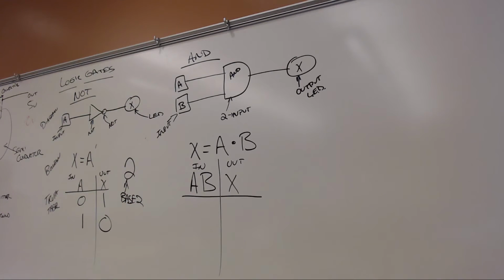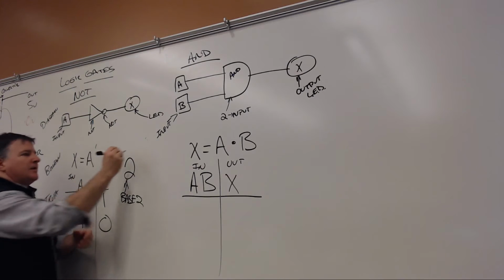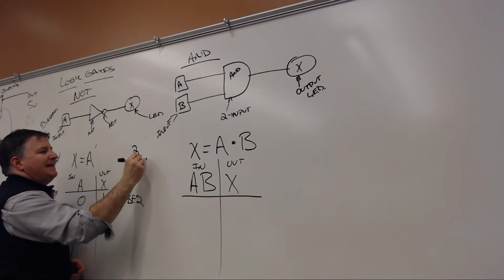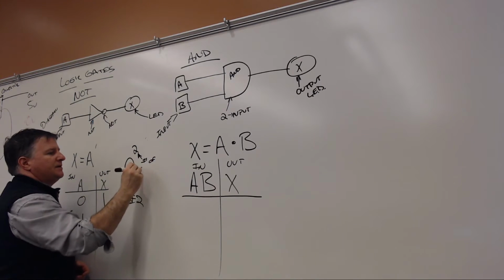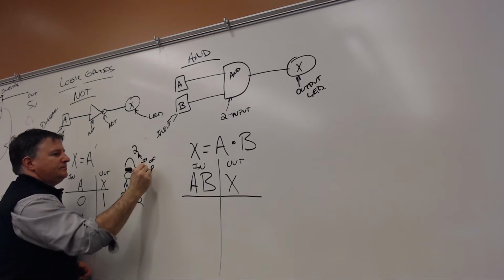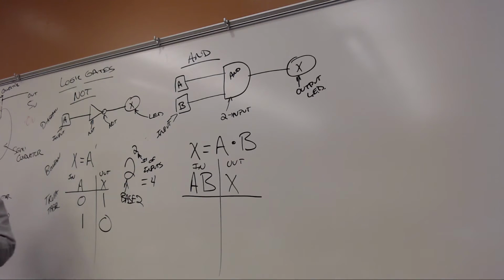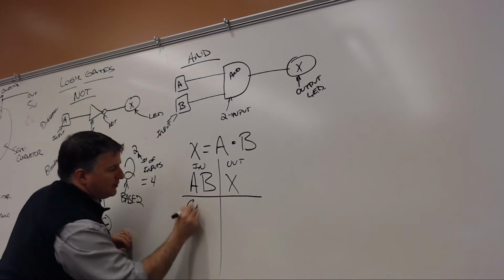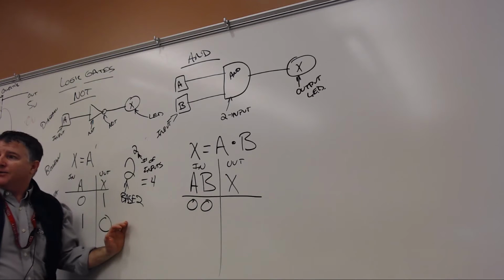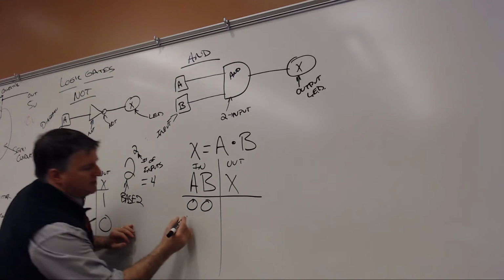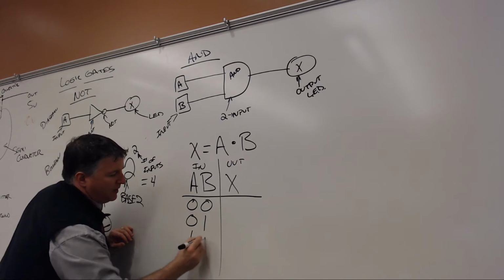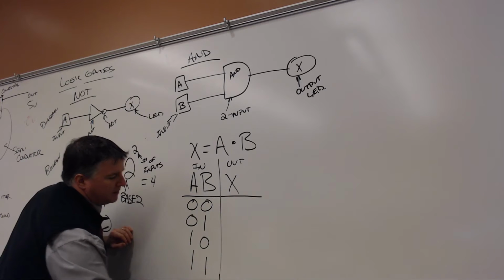It's either on or it's off. That's it, right? And the other 2, that represents number of inputs. So 2 to the 2 equals 4. So what are the different states? We know this, right? We start at 0, so we go 0, 0, and we count until we have 4 different states represented. 0, 0, 0, 1, 1, 0, and 1, 1.